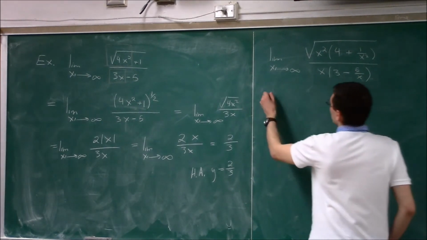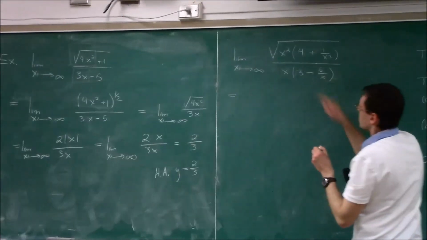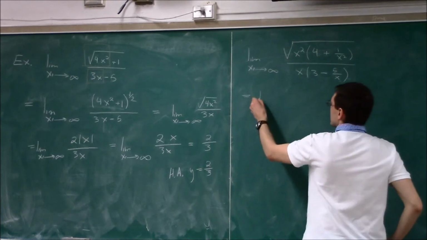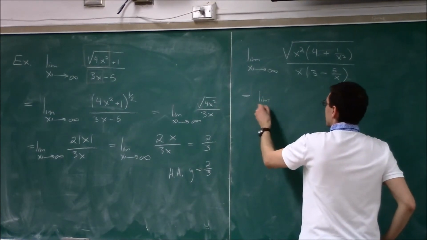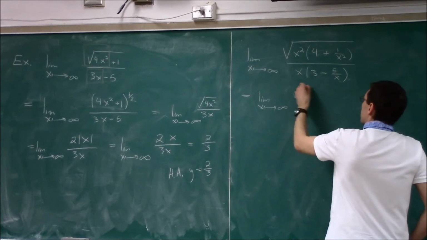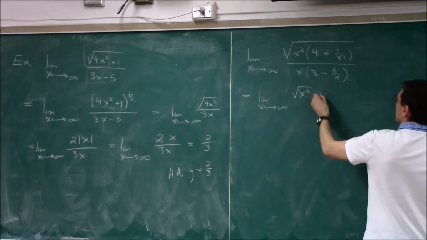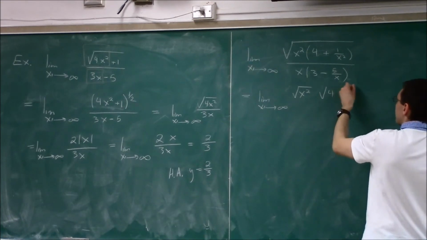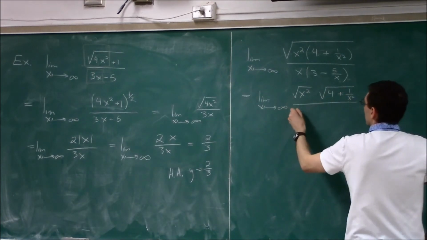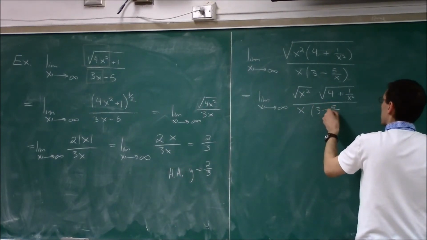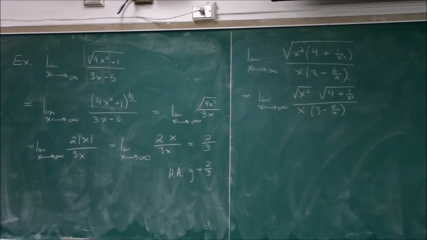Now, very important, I have a product of two numbers, so roots distribute through a product. This is the limit as x goes to infinity of root x squared times root 4 plus 1 over x squared, over x times 3 minus 5 over x. Okay?